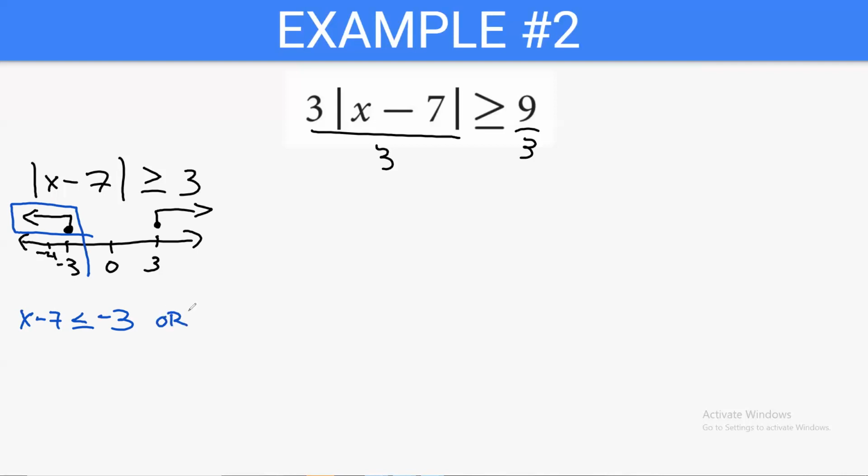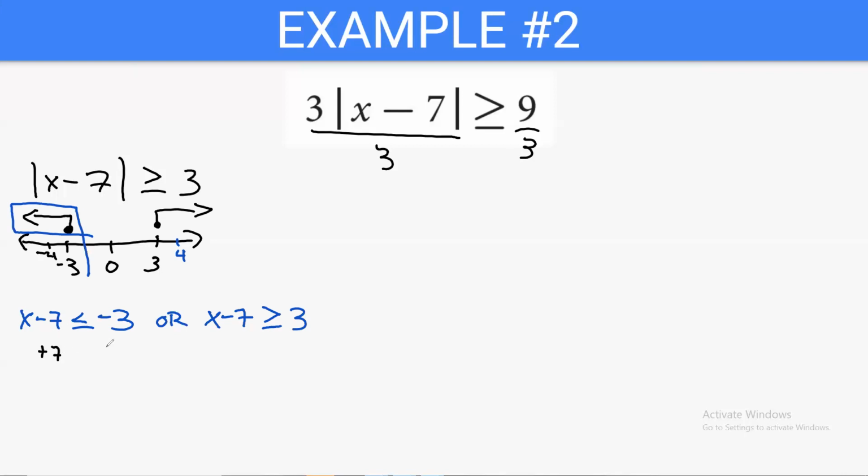Or x minus 7, what's in my inequality, is greater than or equal to 3, like 4. Right? 4 is greater than 3. So it fits in that interval. Correct? And then what we're going to do is just solve it.